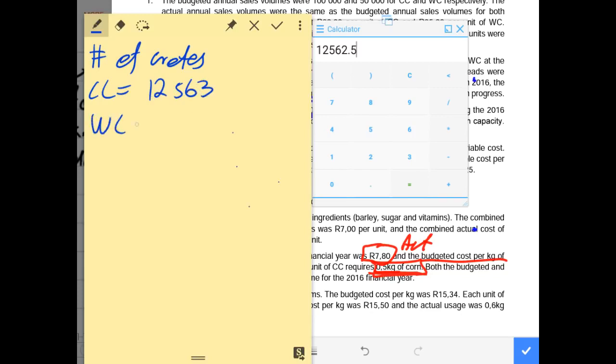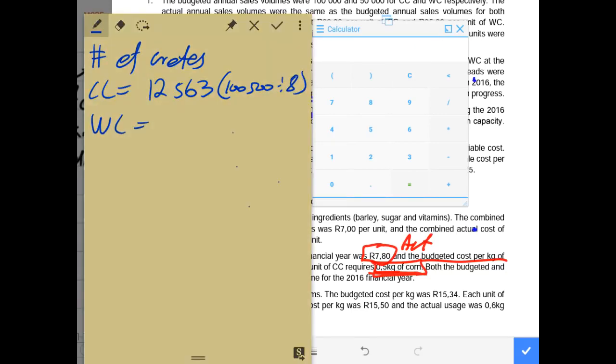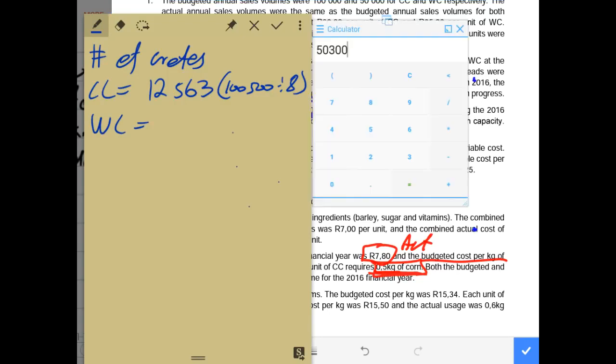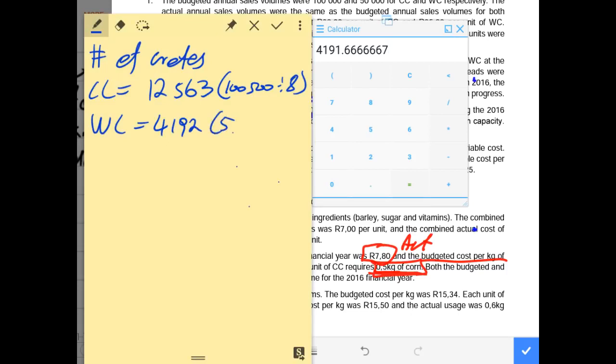And for product WC, we calculate the number of crates from the 50,300 units that the company actually manufactured. 50,300 is product WC that was actually manufactured. Divide this by 12 and it gives us 4,192, which is 50,300 divided by the number of units in one crate.